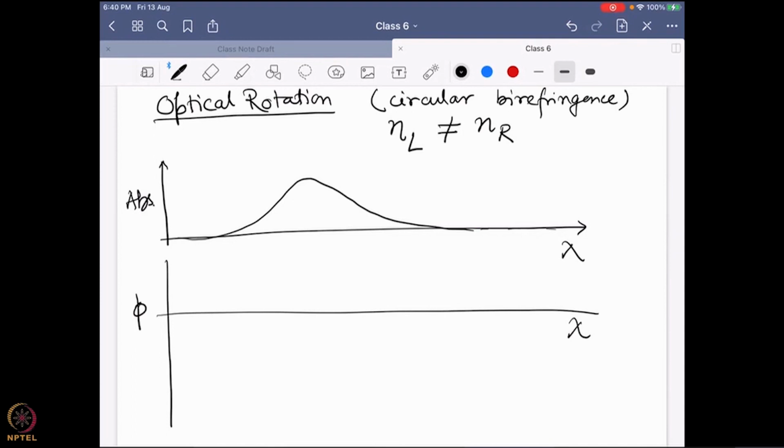What will be the effect at the same position where I have the lambda max? What is going to happen where I have no optical absorbance at all? Over here, absorbance is 0. Now, optical rotation depends on the speed of the light. It has nothing to do with whether absorbance is happening or not.